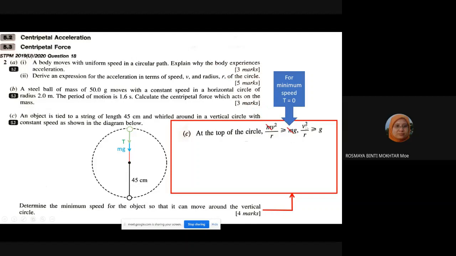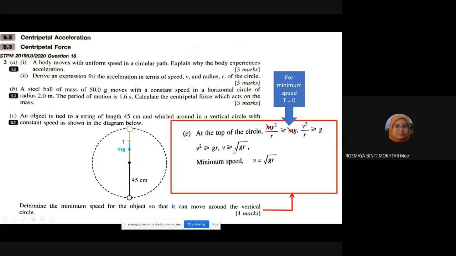So the equation becomes v squared per r is larger than or equal to g. Next, we cross multiply, we get v squared larger than or equal to gr. Then v is larger than or equal to the square root of gr.